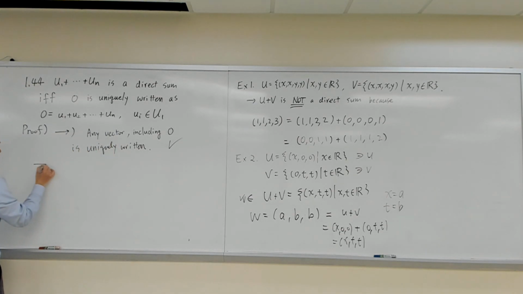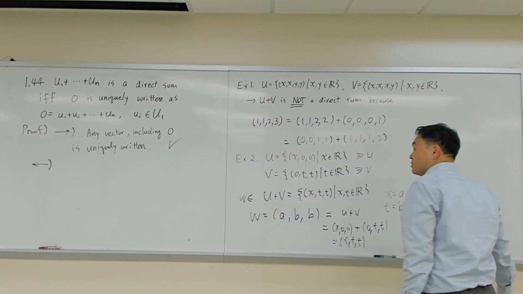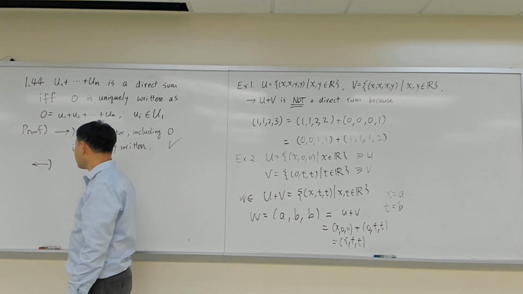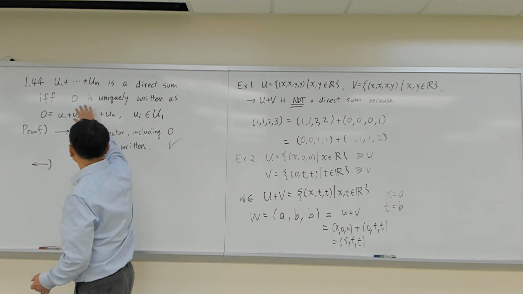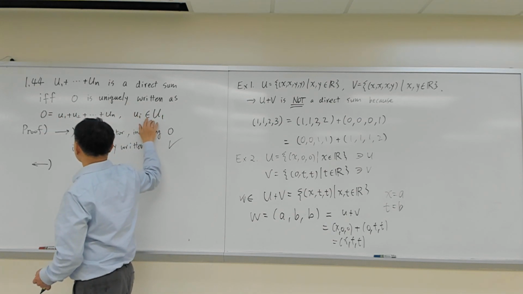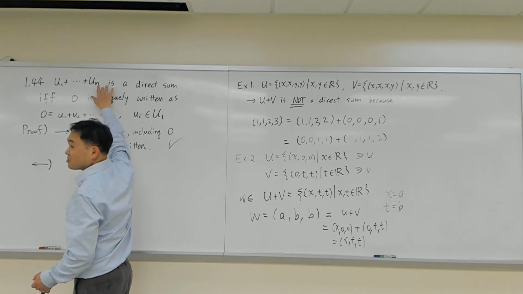Now, let's show the other case. This case means that 0 is uniquely written as something in here. If that's true, then we know that this is a direct sum.